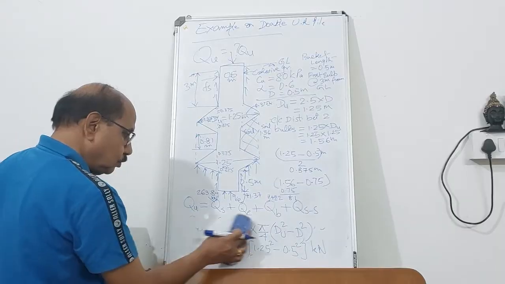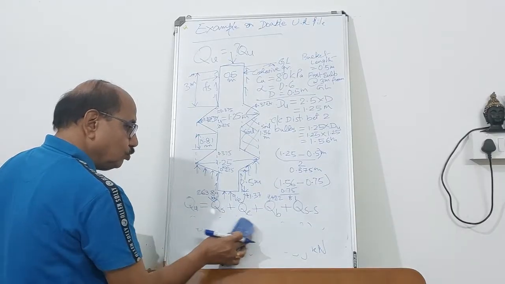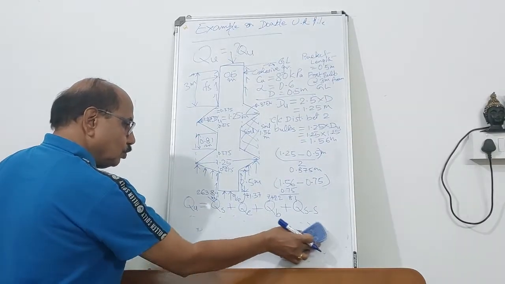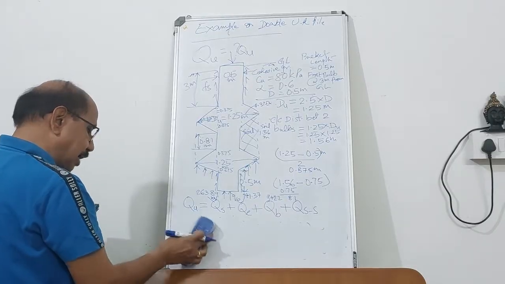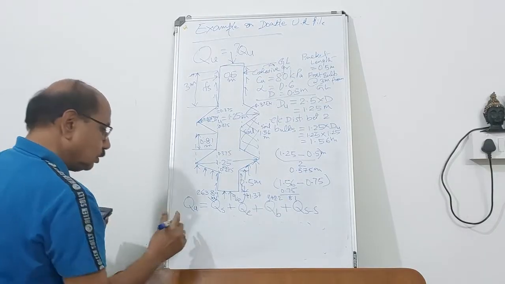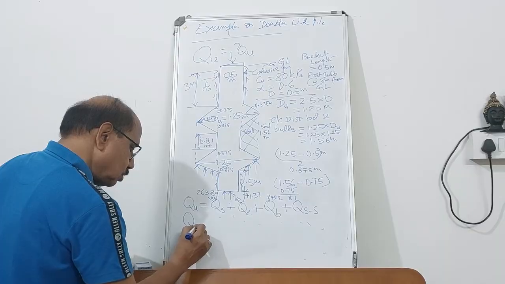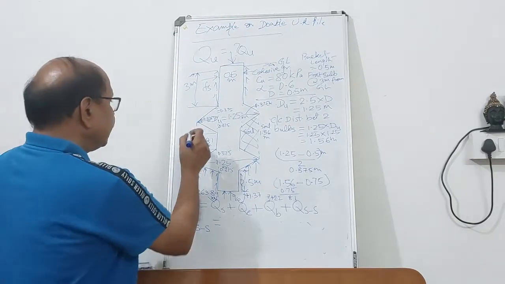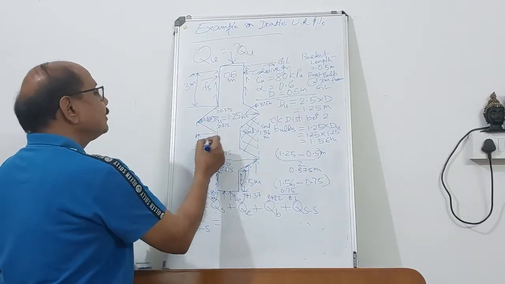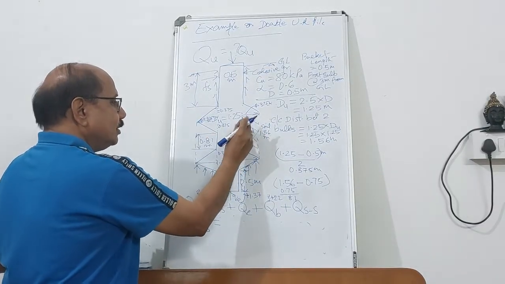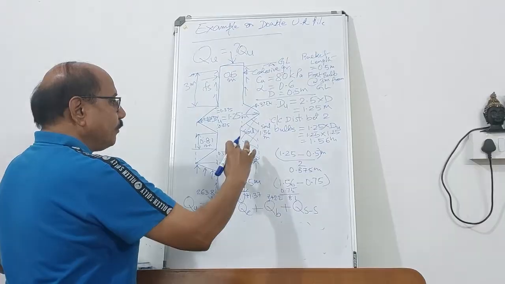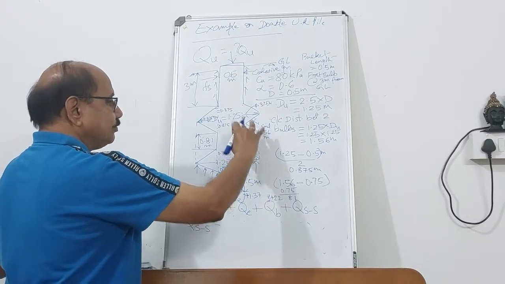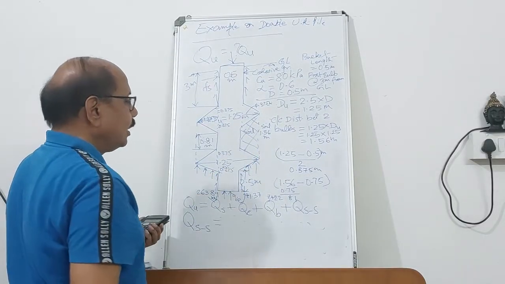Now the last is Q, load transfer between soil and soil. So here you can just see that the soil which is between these two under-reams is going to act as if it is a part of this under-ream itself.